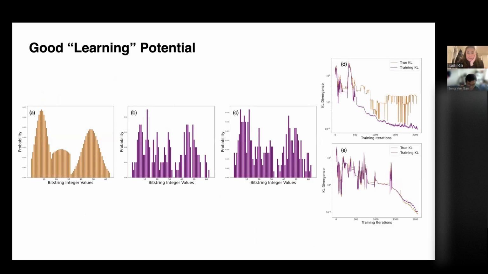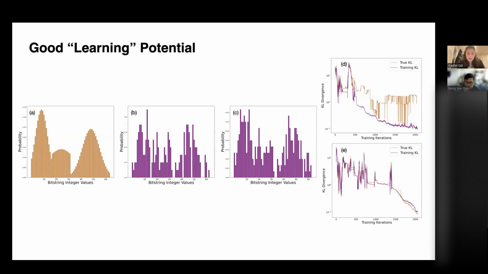We also wanted to demonstrate that the QNBM has good learning potential. I use the word learning in air quotes, because I think we, as a community in quantum machine learning and classical machine learning, are still defining what we mean by learning. As we benchmark and think back to learning theory, there are many different definitions.